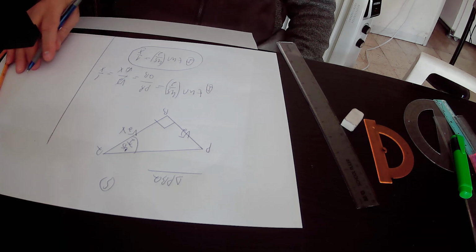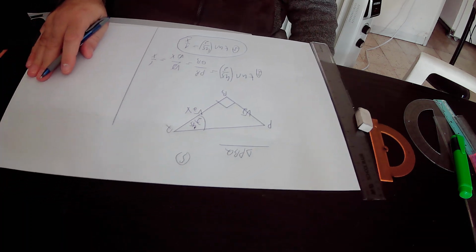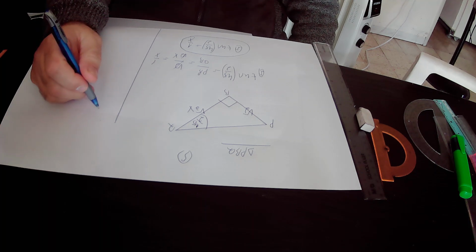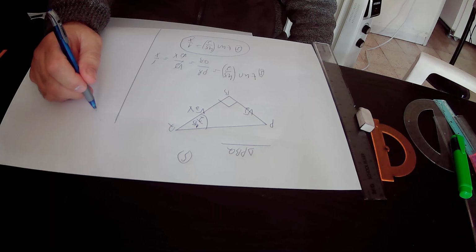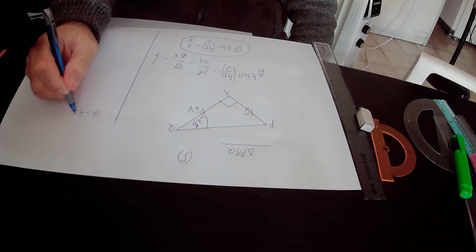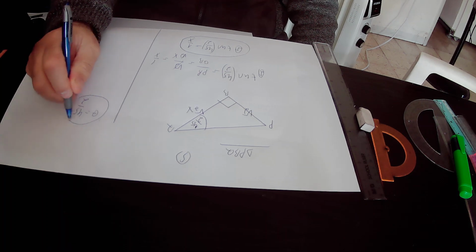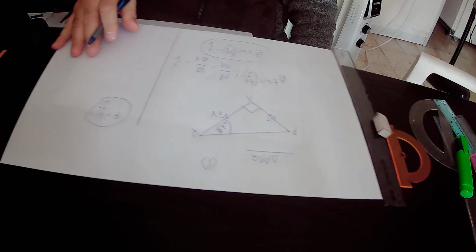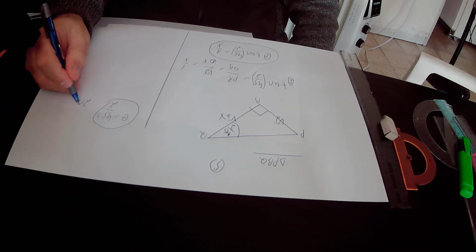We will define 45 degrees over 2 as theta. Theta equals 45 degrees over 2, according to our definition. Therefore, 2 theta must be equal to 45 degrees.